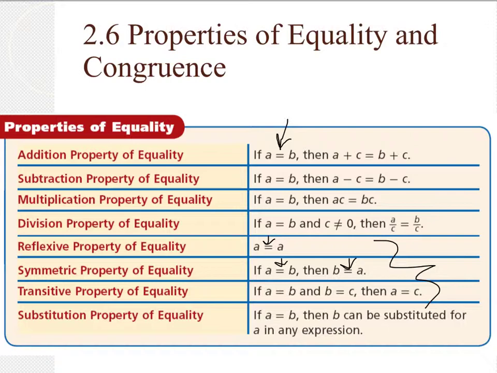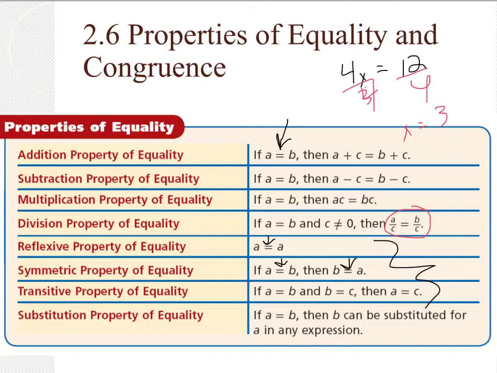We deal with the addition, subtraction, multiplication, and division properties of equality every time we do a simple equation like 4x is equal to 12, because this would be our division property of equality. If we divide each number by the exact same number, which you will see down here, then x is going to equal 3 and we are going to get our answer.